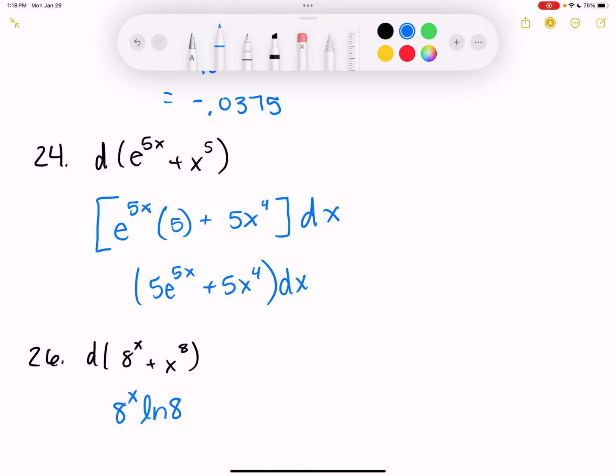Looks like we need a review of our log and exponential derivatives. Plus, I hope we know the last part: 8x to the 7 times dx. Beautiful.